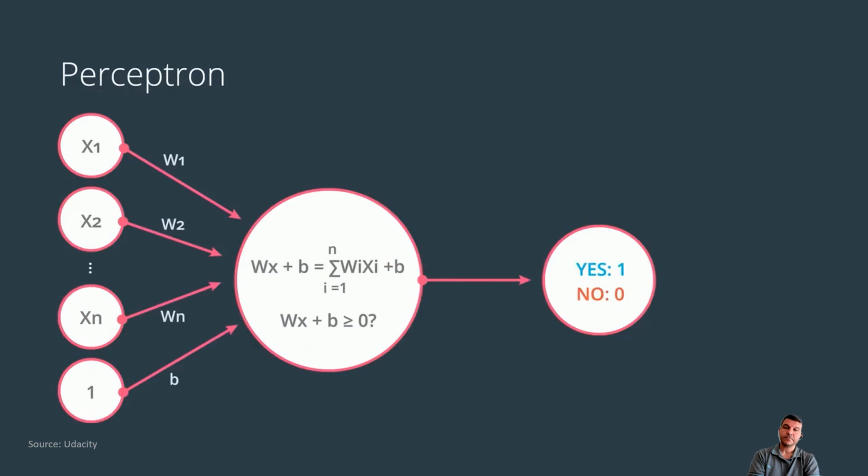Now, when it comes to n inputs, this could be from x1 to xn with w1 all the way up to wn for the inputs, and the summation result of all these weights multiplied by their inputs plus bias from 1 to n, from the first to the nth, would determine whether the student has passed or failed, which is again the equivalent of wx plus b greater than or equal to 0, right?